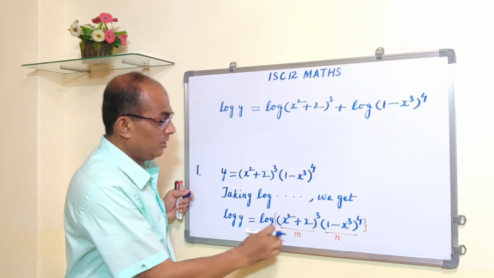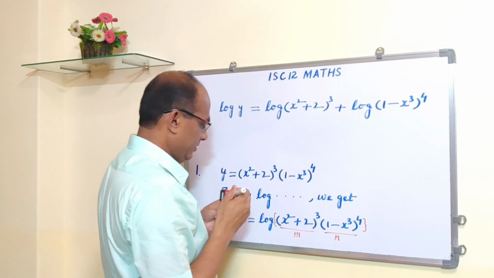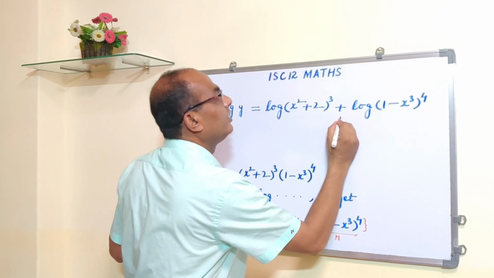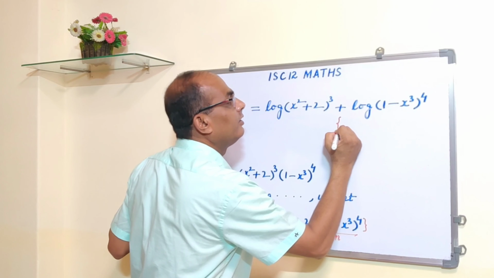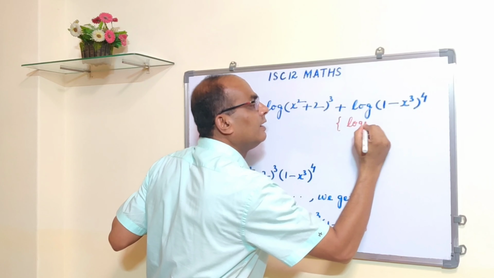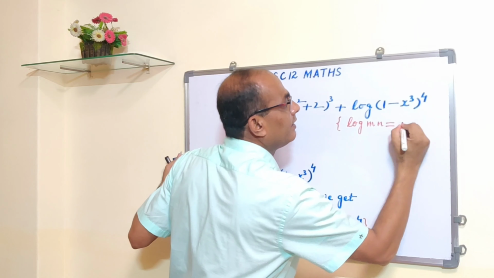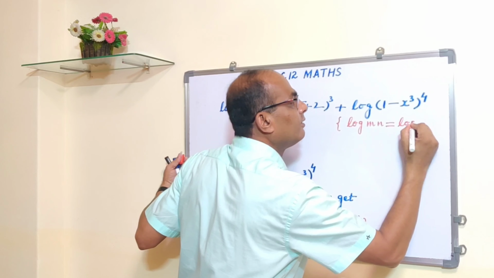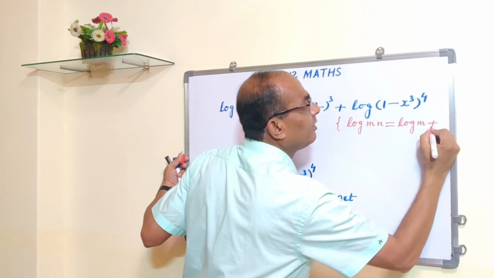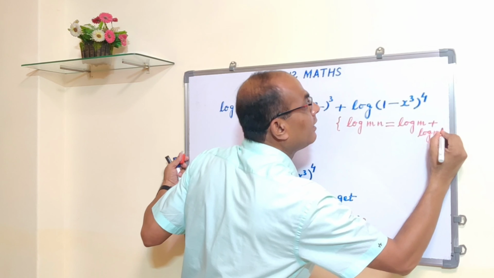We applied the formula log m into n is equal to log m plus log n. The formula that you are using, you can write down here, for your understanding point of view also. Log mn, we are using the formula log mn is equal to log m plus log n. Alright?